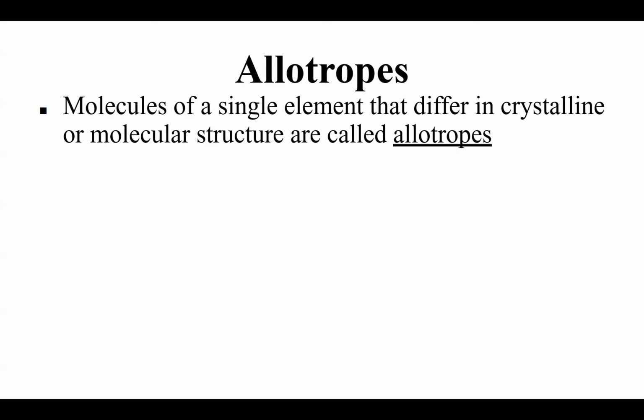Now, molecules of a single element that differ in crystalline or molecular structure are called allotropes. Oxygen and ozone are examples of allotropes. Oxygen we need to breathe and live and survive. Ozone would kill us if we breathed that instead of oxygen.